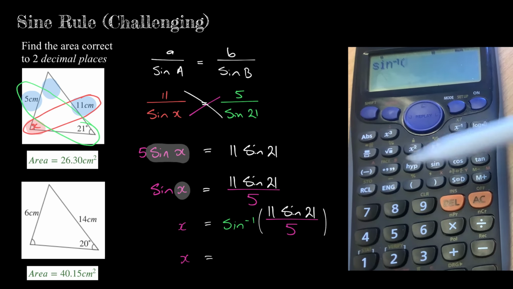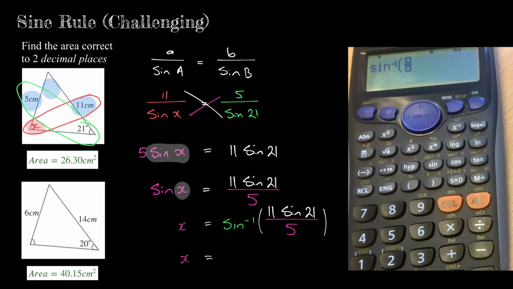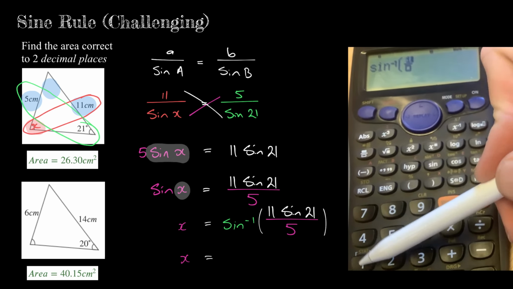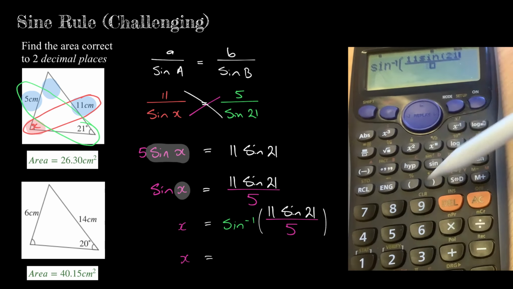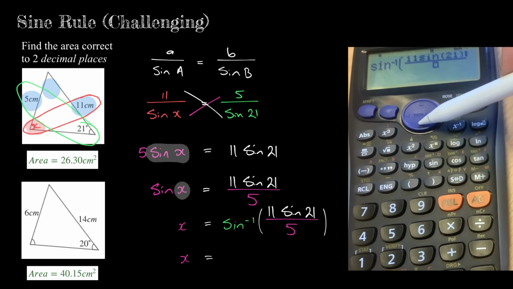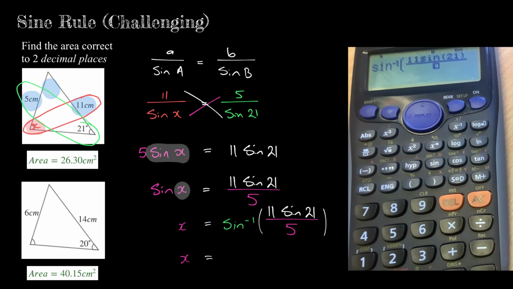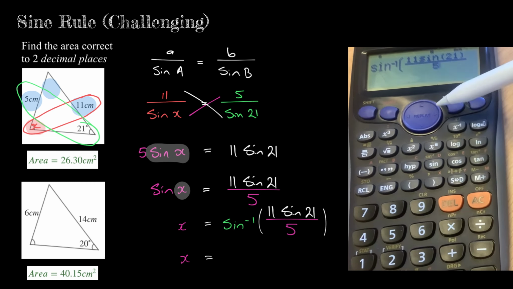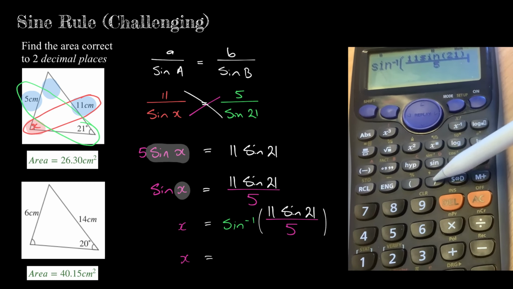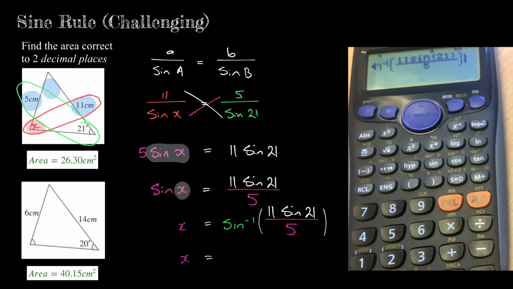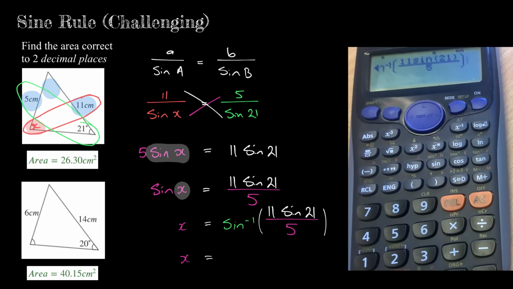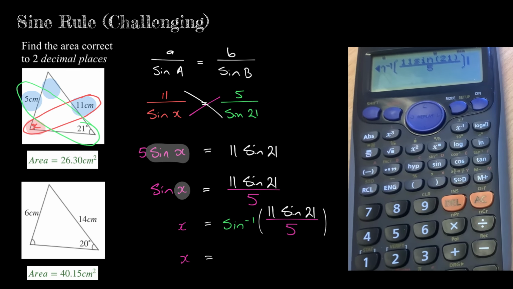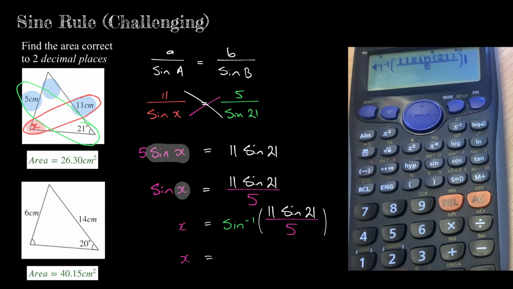So we're going to press the fraction button because we know it's a fraction, and we're going to press 11 sine 21, close our brackets, and go down to our denominator, and type in 5. We need to come out there and close the big brackets. So that's correctly typed in. You can see there sine inverse, 11 sine 21 all over 5. So press your equals button and you'll get your answer.